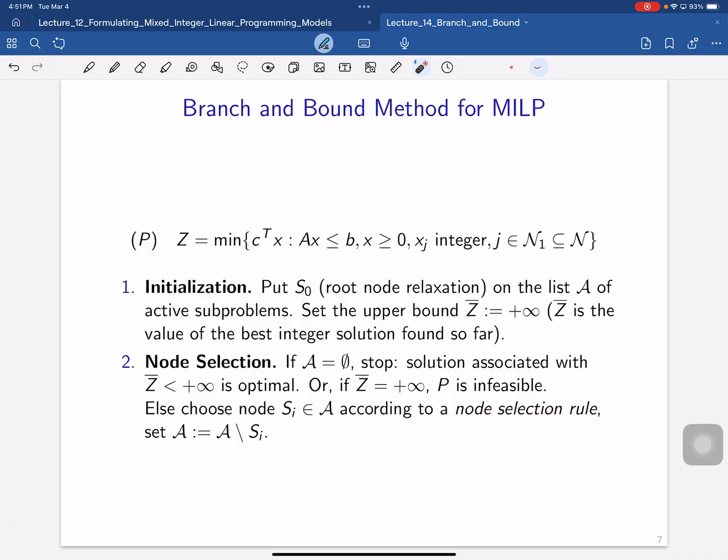Why do we need a node selection rule? It is because if this list has many nodes, which node are you going to choose? Let's suppose at some point in branch and bound, there are in total 3 active nodes. They have not been pruned yet. Then which node are you going to choose to continue branching? That's what this node selection rule means.